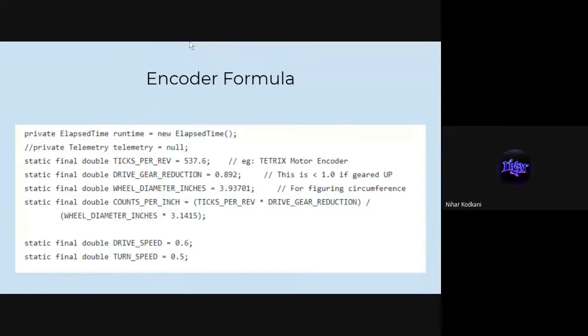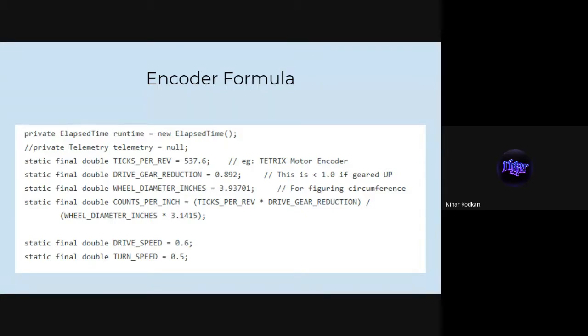But can I say something? Just so you guys understand, each motor has a different amount of ticks per revolution, like 537.6, and based on that you can do a conversion, and that's what this counts per inch means. The counts per inch variable just means how many ticks I am traveling for a certain amount of inches.